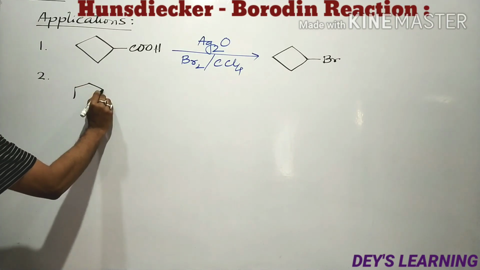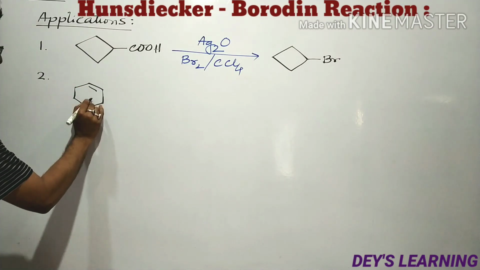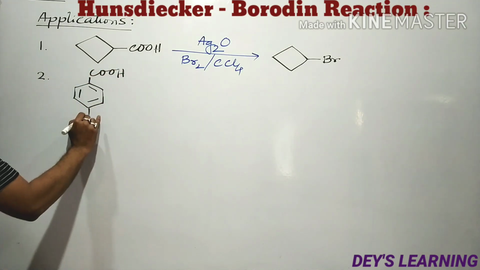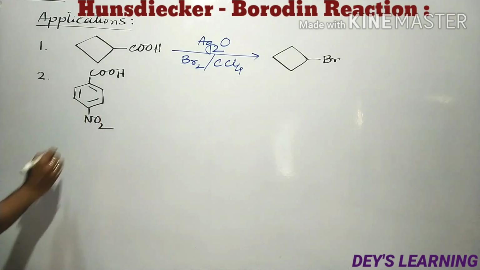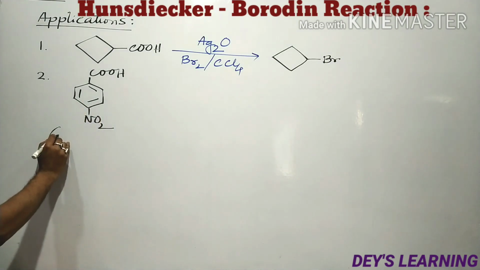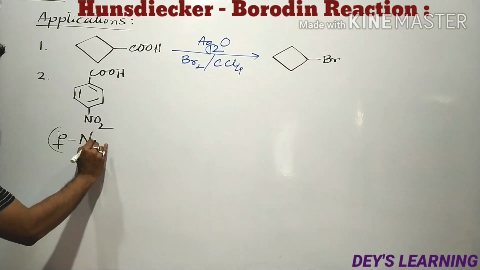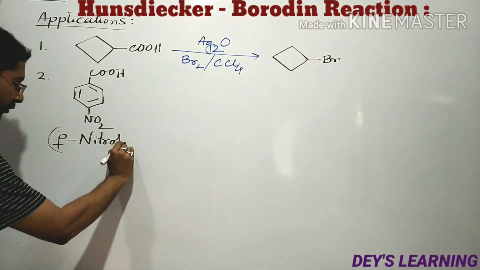Okay. The next example, if we have the molecule like this one, this one is 4-nitrobenzoic acid or para-nitrobenzoic acid.